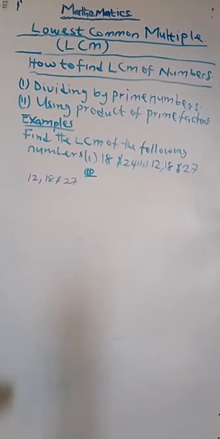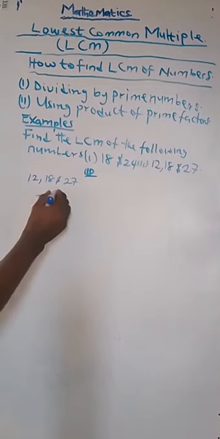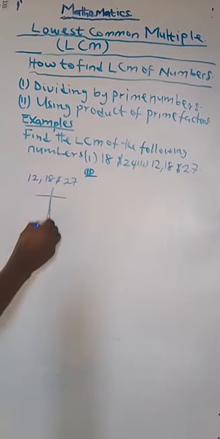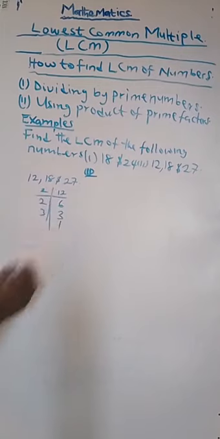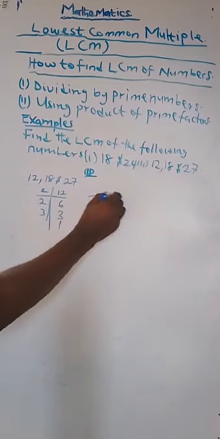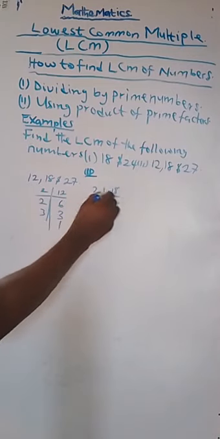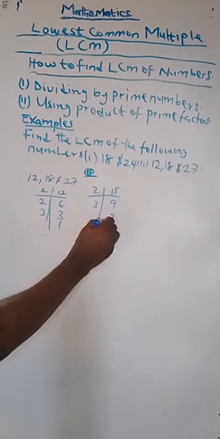Now let's use the second method, that is using product of prime factors, to see if we are going to get the 108 we got from the first method. Now let's define each of the numbers using the product of their prime factors. What is 12? 2, 6, 2, 3, 3, 1. What is 18? 2, 9, 3, 3, 3, 1.